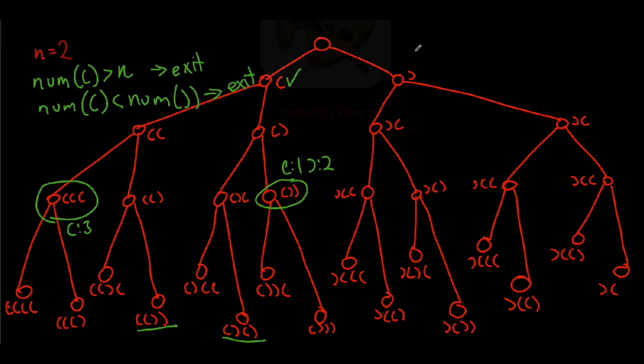On the right-hand side, the number of opening brackets is still less than n, as 0 is less than n. However, the number of opening brackets is strictly less than the number of closing brackets, as 0 is less than 1. So at this point, we can exit the recursion, and we no longer need to search the remainder of this search tree. So by doing this, we've effectively pruned half of the search tree.